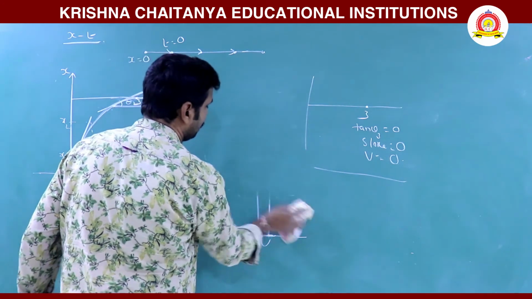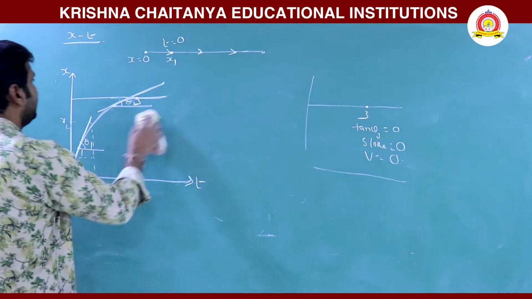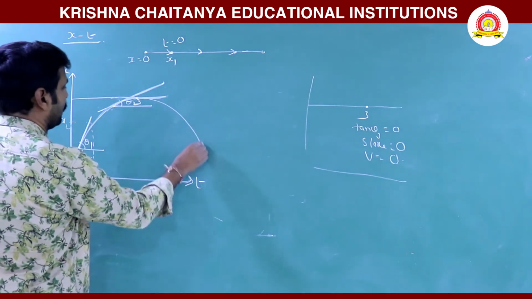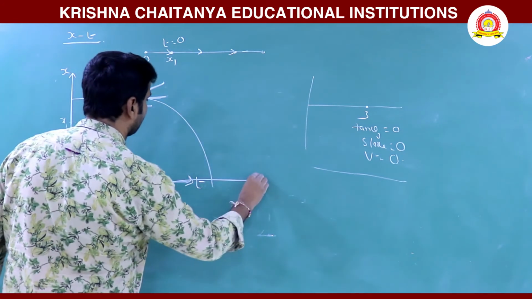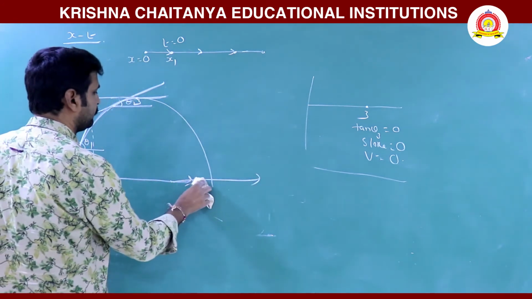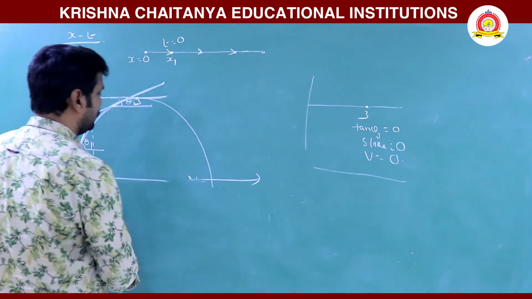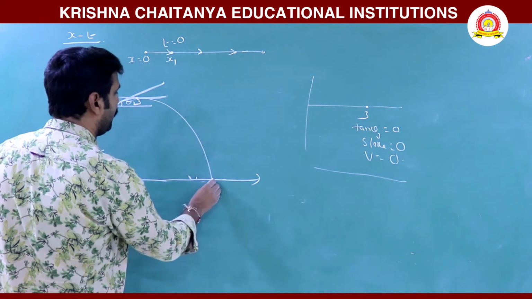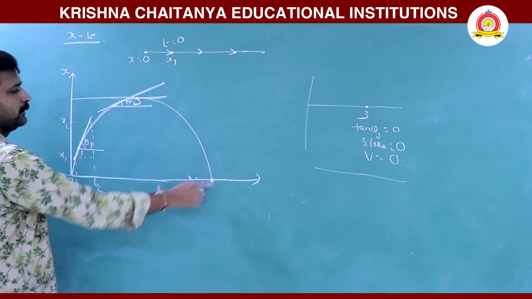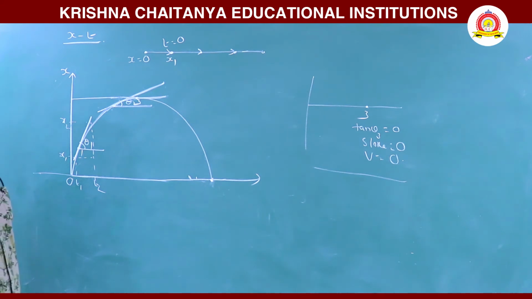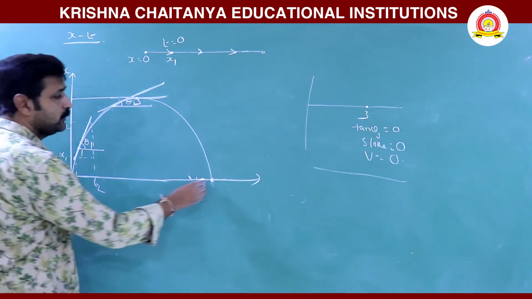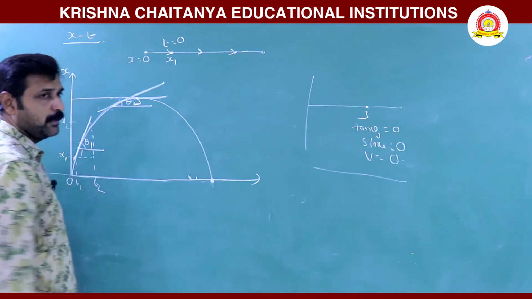We will continue for the freely falling body in the same graph. If this is the graph, now we continue this graph. This is the point where position again reaches 0. That means the body started from the origin and again reaches the same origin. Why?